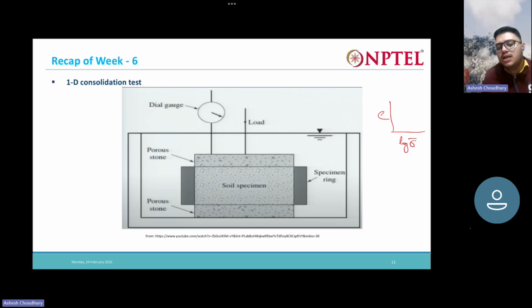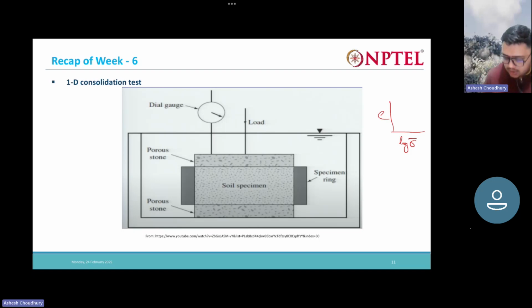For sandy soil, drainage happens immediately, so there's always immediate settlement only. There is no consolidation settlement because the pore water pressure dissipates immediately in sandy soil, where there is easy drainage through the pores. Consolidation is generally seen only in clay soils.